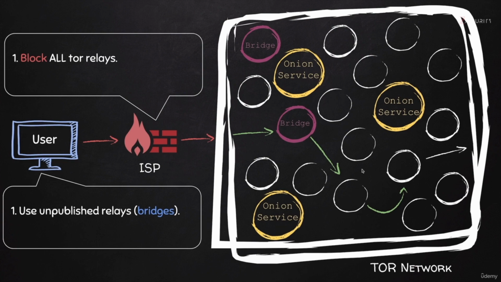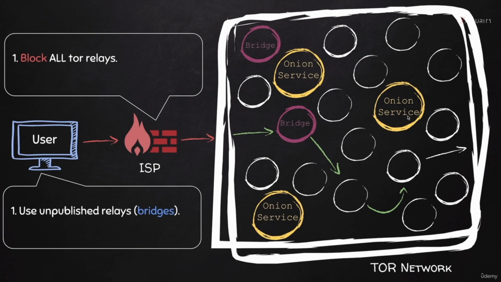So, to bypass this, we can just use a node that is not publicly available. It's not being advertised. That way, when we try to connect to it, the internet service provider will not have this node in its list, and therefore we can connect to it and then continue using Tor, going out to another website, or even going in and accessing an onion service. So this is pretty good.